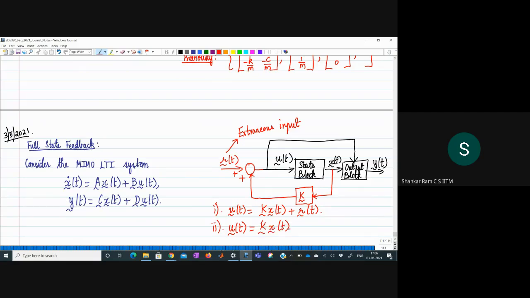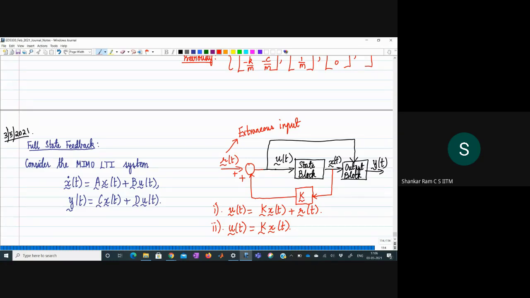So these are two structures which are used. As I mentioned, r is an extraneous input, so it need not be there. We should not confuse it with the reference input that we had in transfer function based design. This is something else, as far as full state feedback design and design based on the state space representation.